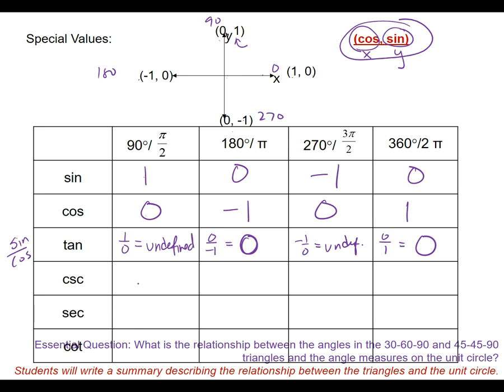All right, let's look at the cosecant. What was the cosecant the reciprocal of? Sine. So I'm going to go to the sine and I'm going to flip the sine, right? So what is 1 divided by 0?